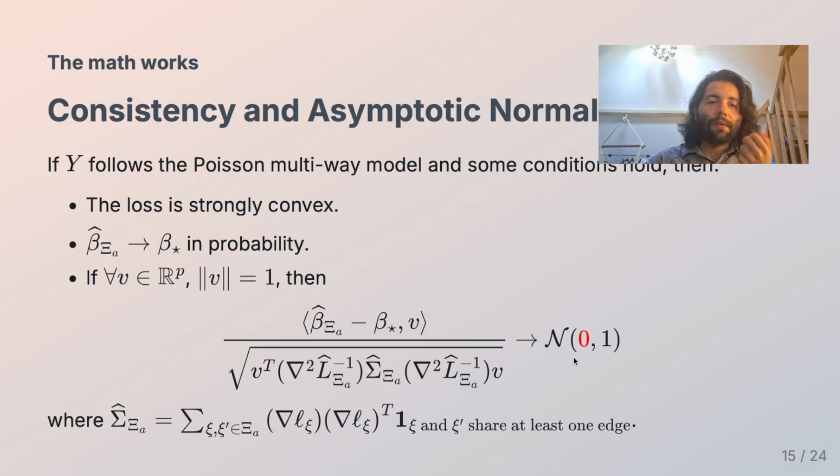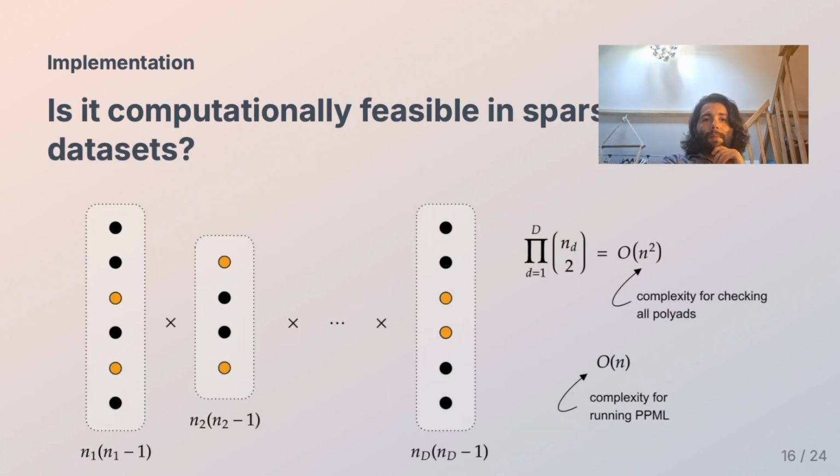We don't have the incidental parameter problem here. Sorry, we have solved the incidental parameter problem that the PPML has. So it remains now just to understand how to compute this loss.